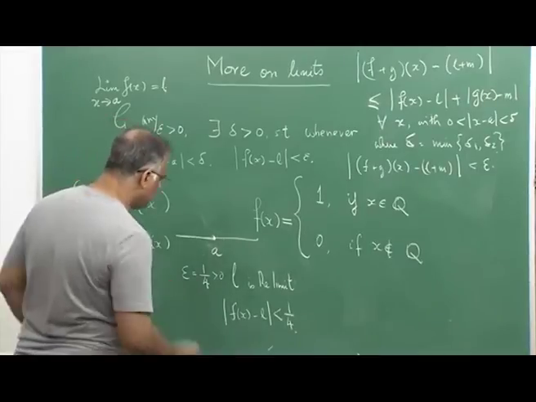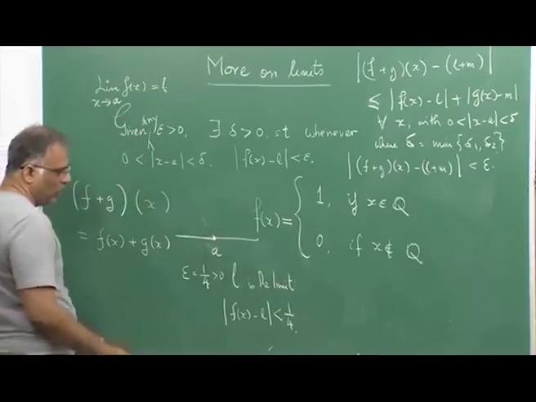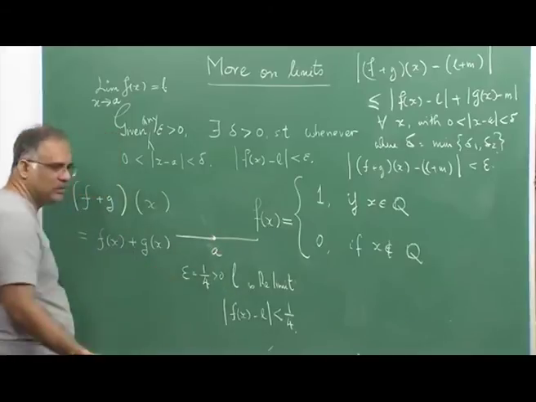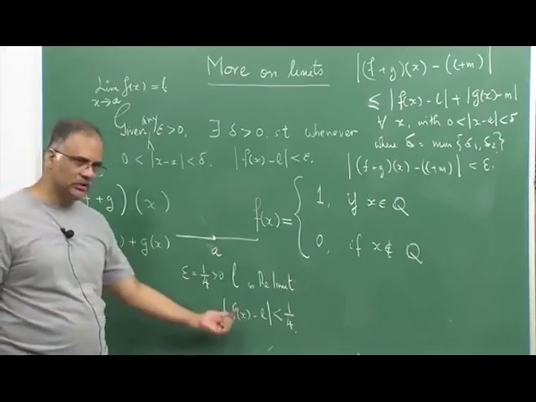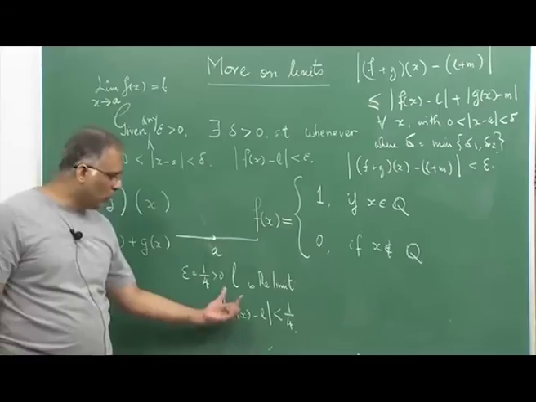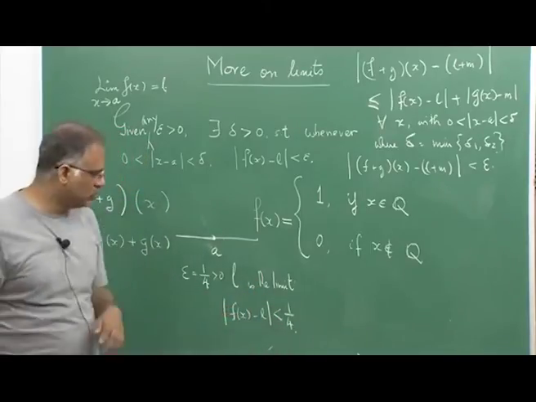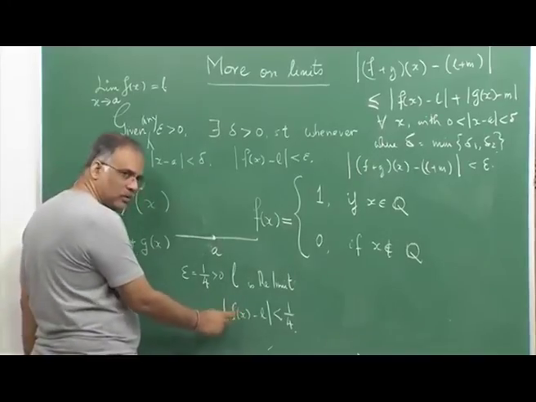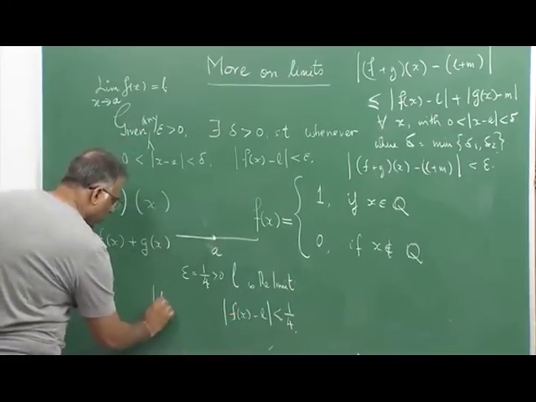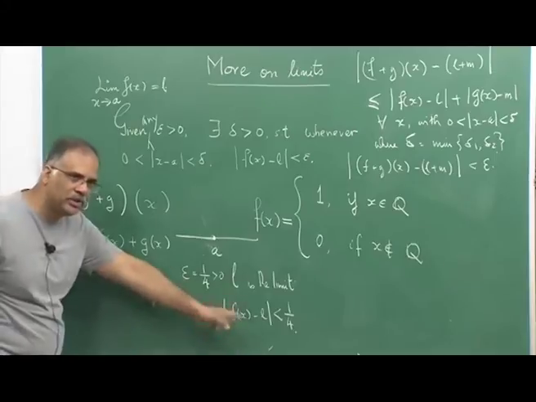Now, however small I make that delta, it does not matter, |f(x) - L| would be less than 1/4. So for some x it will be 0, because some x's would be irrational.